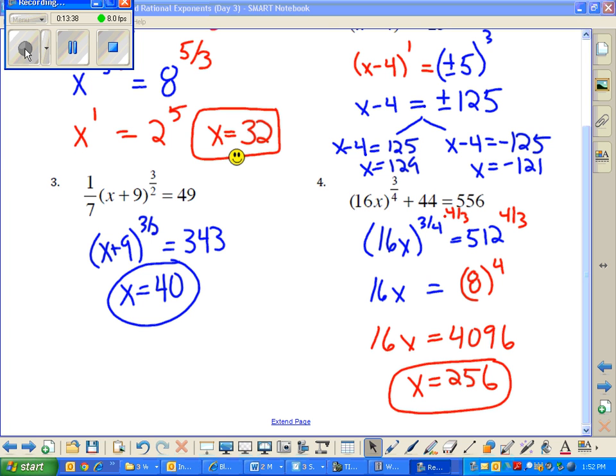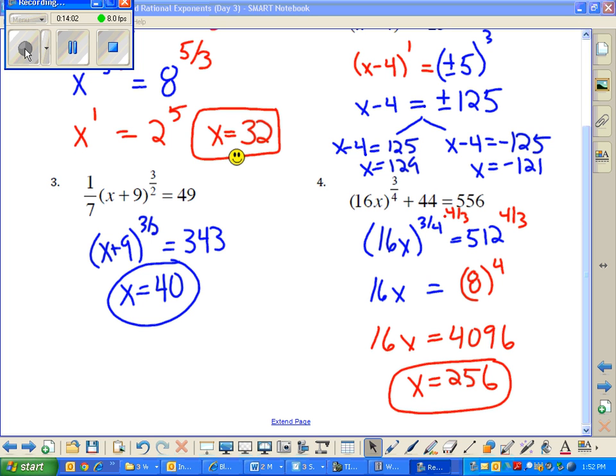The answer is 256. I'm seeing people dropping their parentheses in more than one spot. I saw a couple different papers as I walked around. Keep in mind that the quantity of 16x to the 3/4 is indeed a different value than 16x to the 3/4 without the parentheses. Those parentheses do have meaning.